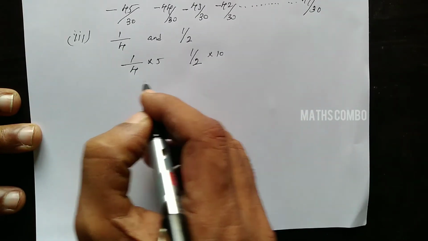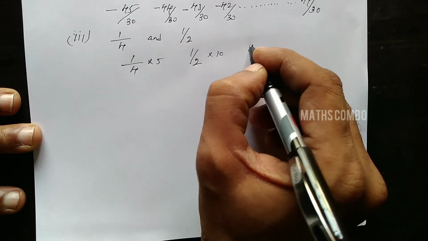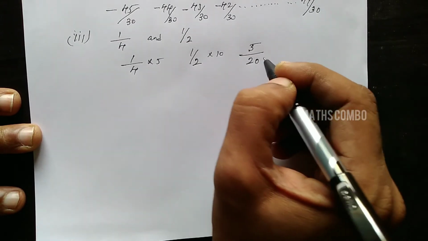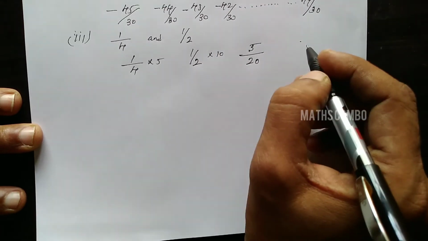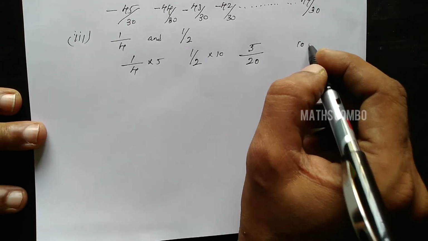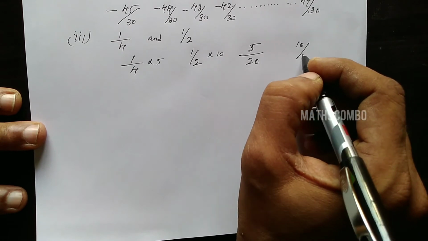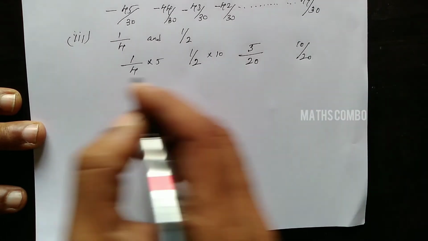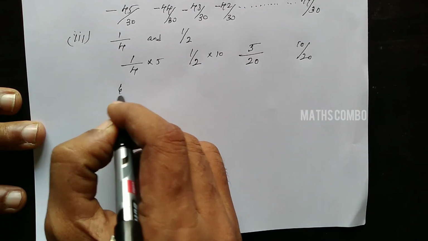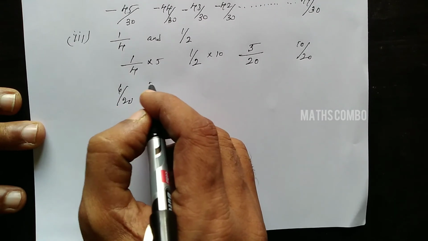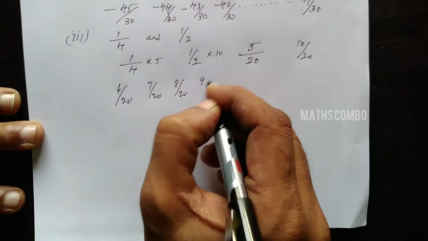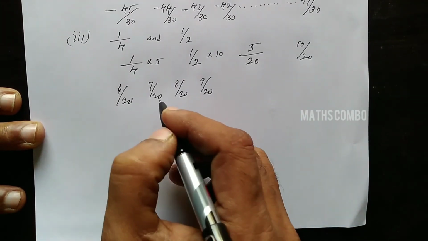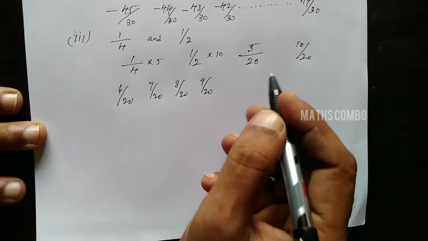The first one becomes 5 by 20, and the second becomes 10 by 20. So we got 6 by 20, 7 by 20, 8 by 20, 9 by 20. We got only 4 rational numbers in between.